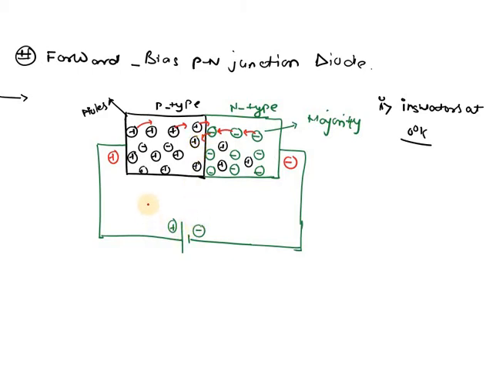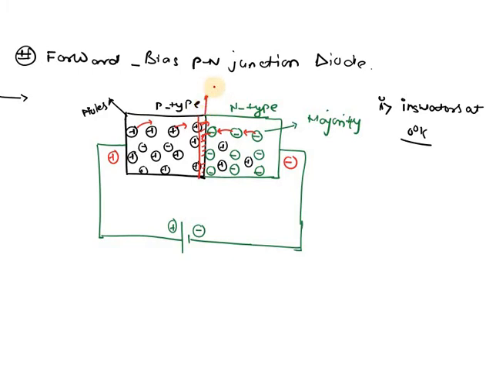Now as we go on increasing the voltage, more holes will try to go into the n-type semiconductor and more electrons will shift towards the p-type semiconductor, and due to this a region is formed where the concentration of both positive and negative charges takes place.